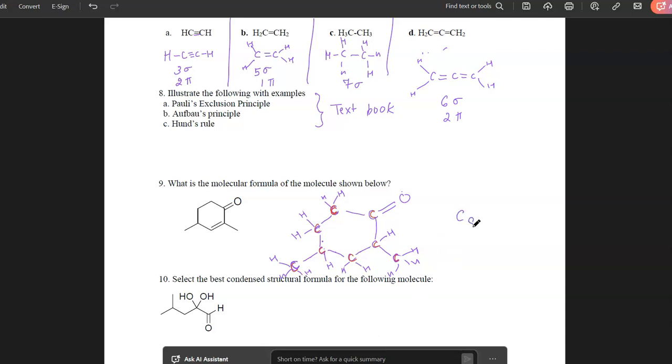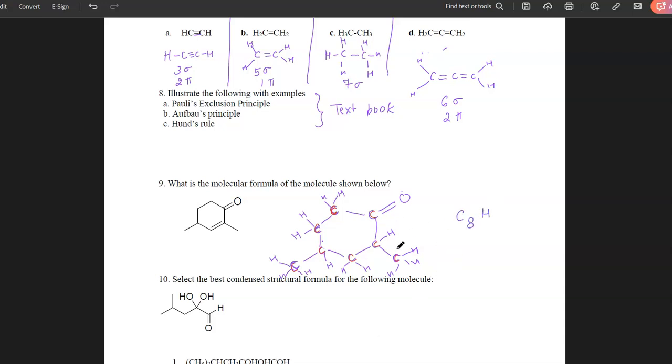So we have C8. Count the total number of hydrogens. We have 2, 4, 6, 8, 10, 12, 14.